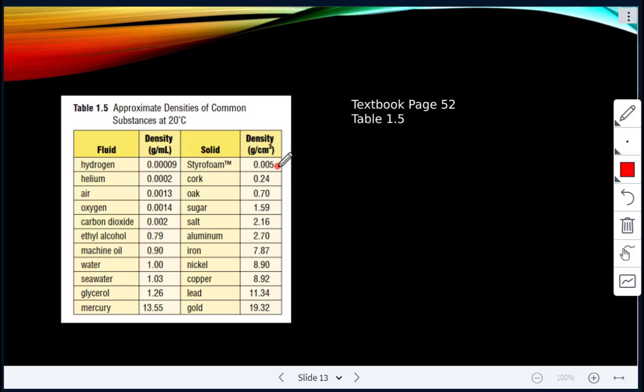Then we have some solids on this side. Sugar is 1.59 grams per centimeters cubed, so much more dense than water. Nickel is 8.90 grams per centimeters cubed, again much more dense than water. This table is in the textbook on page 52.